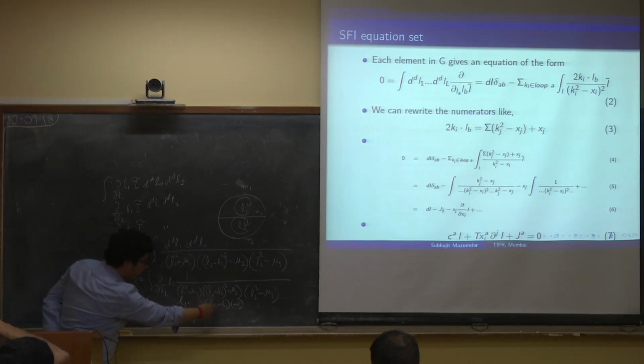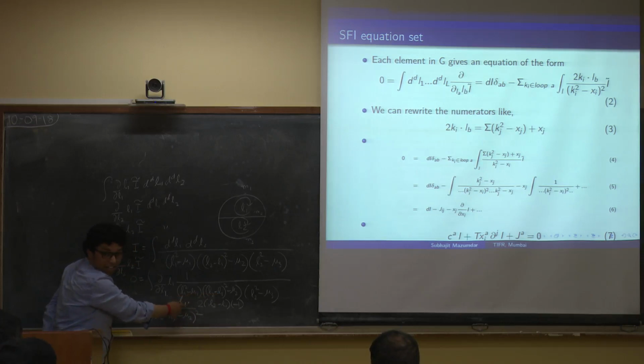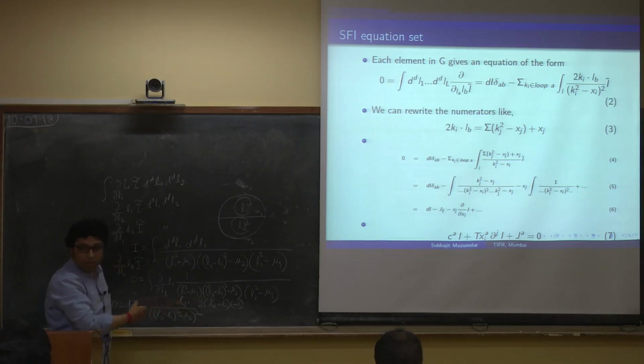And 2 L1 dot L2, I will take help of this propagator and this propagator. I can generate that cross term, right? So the numerator I can write with the help of the denominators, that is, the propagators.